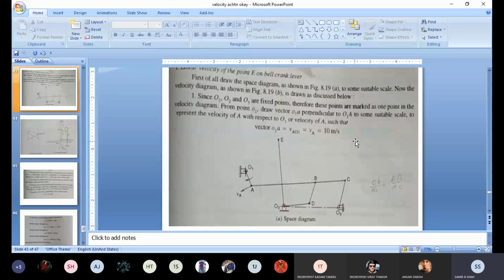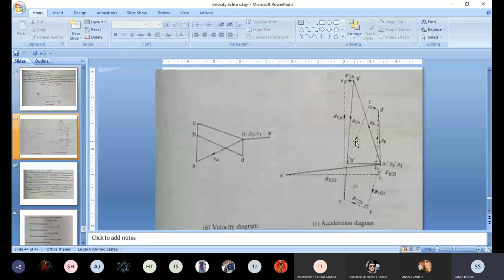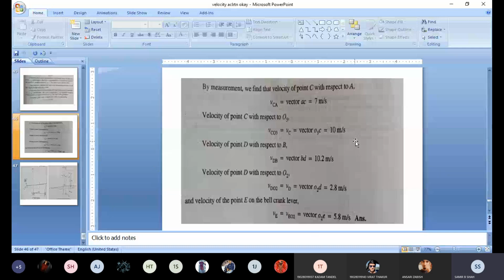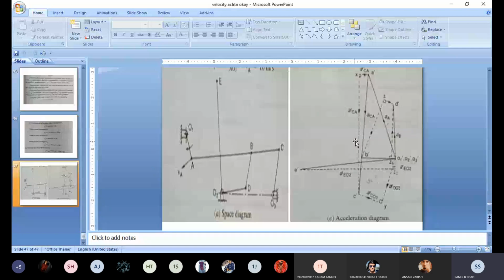Here we are taking the scale for the whole acceleration diagram as 1 centimeter equal to 10 meter per second square. So how much may it be? Definitely it may be 10 centimeter. Just draw a parallel line from O1 dash parallel to O1A, 10 centimeter. So I am getting A dash.